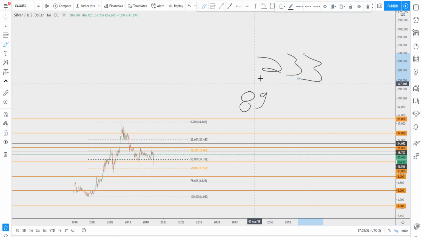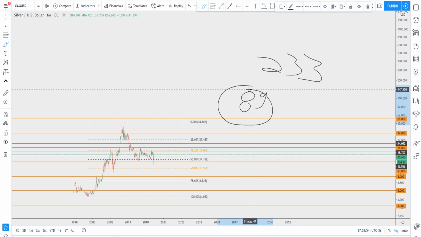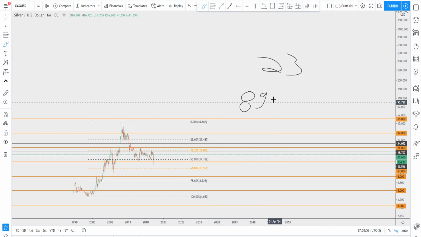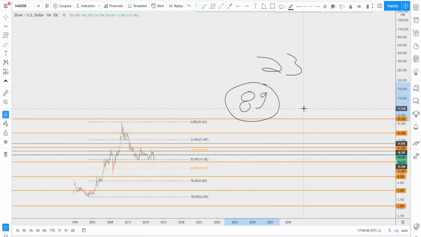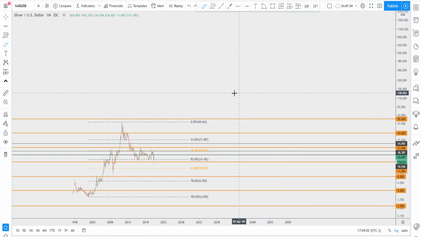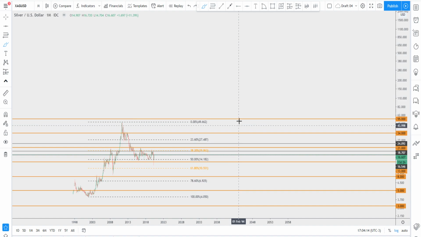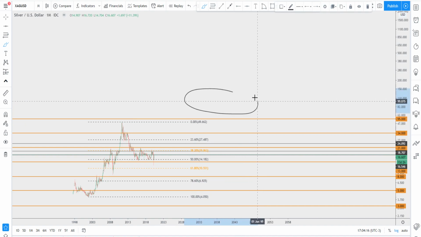Okay, so this range here can be, I'm not saying it is, okay, so this guy here can be the midway, or I don't believe it's going to be the top, okay, because it would be here, and it is very close to the previous top. Okay, so in my opinion, this range here is going to be our midway.